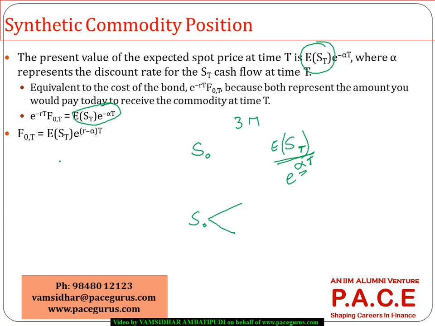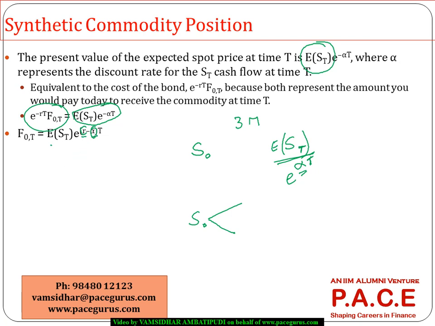It should be the current price of the commodity. The same logic, if I am going with a financial security, I am discounting it by the risk-free rate of return. Now, what is typically emerging out is, if these two rates are different, the rate which I am expecting out of the usage of the commodity versus the risk-free rate of return.